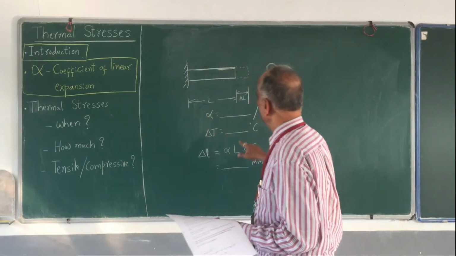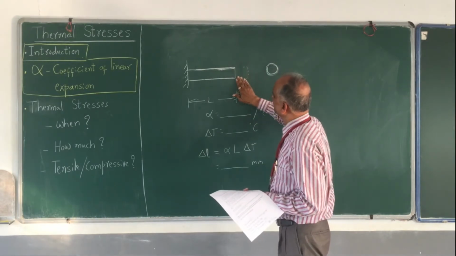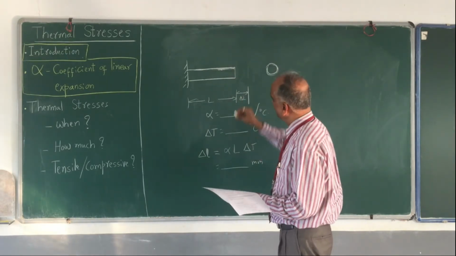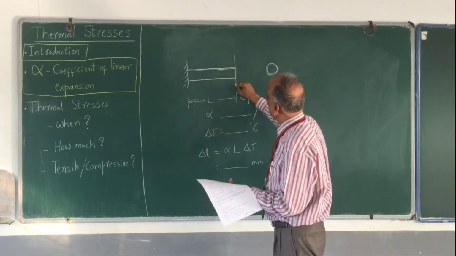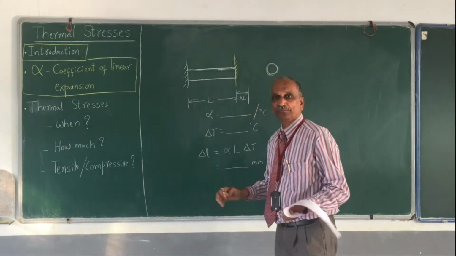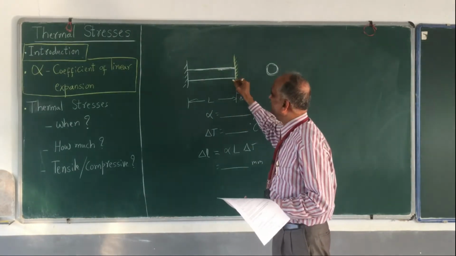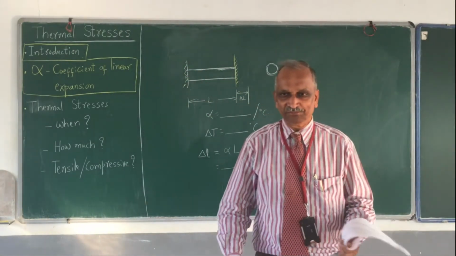So how do I prevent this? For example, imagine I also have a wall on this side. In mechanical engineering, the meaning of this hatch line is a frame.